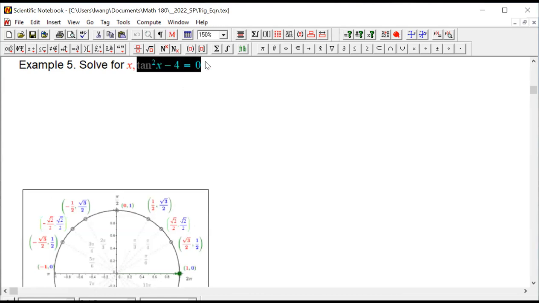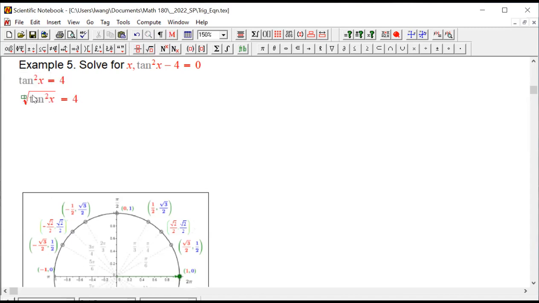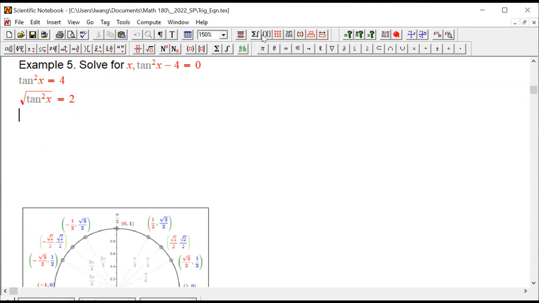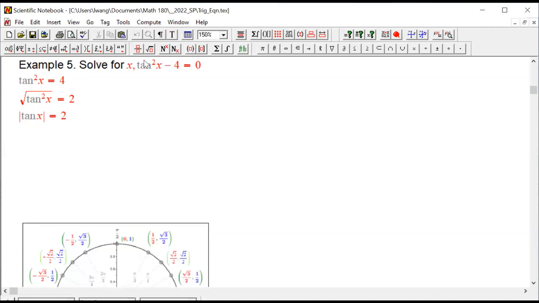In these cases, you probably like to do some algebraic manipulation. So you have tangent squared equals 4, and then you take the square root, and that equals 2. On the left-hand side, it's the absolute value of tangent equals 2. So tangent is going to equal plus or minus 2.